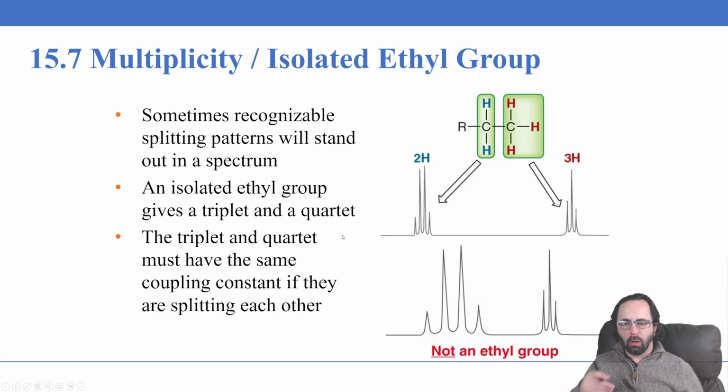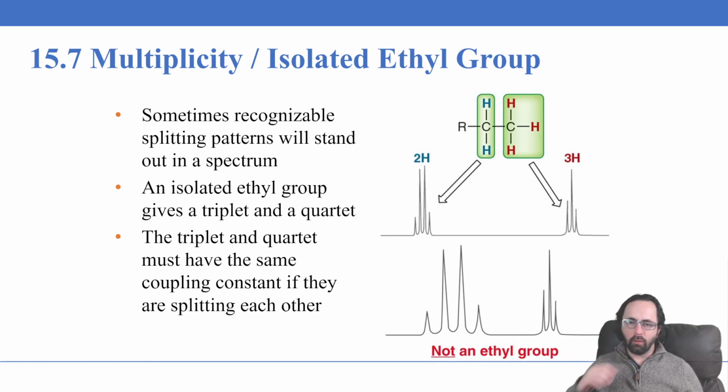So when we're looking at these splitting patterns, we want to look for patterns of splitting patterns, right? That way we can very quickly determine what pieces of a molecule each of these splitting patterns represents, and ultimately we can piece all of these together to get the overall structure of our molecule.